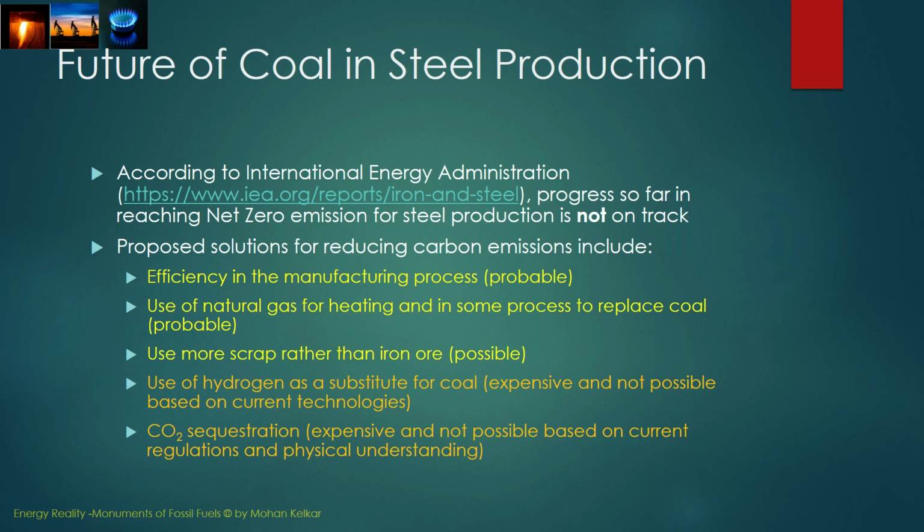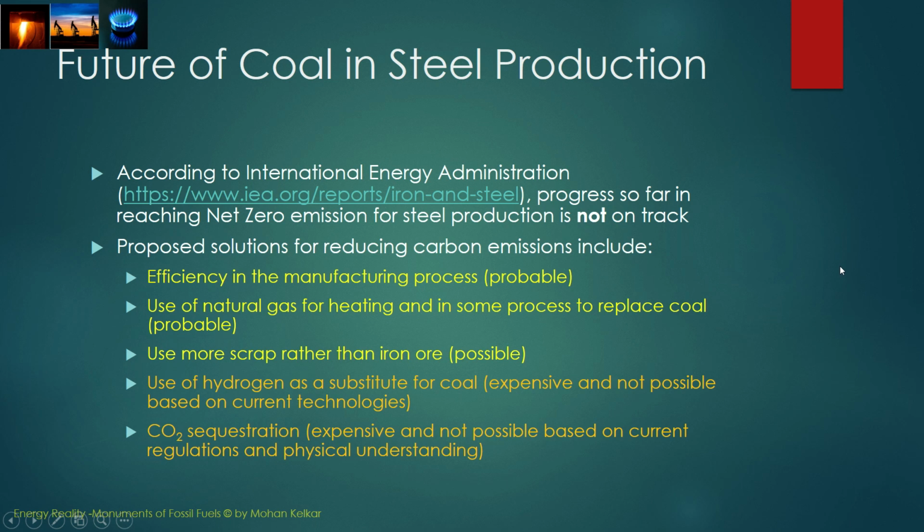Is it possible that future steel production can be provided without emission of CO2? According to International Energy Agency, the progress so far in reaching net zero emission by 2050 is not on track. And the reasons are that the proposed solutions for reducing carbon emissions are not as feasible as some of the other technologies.